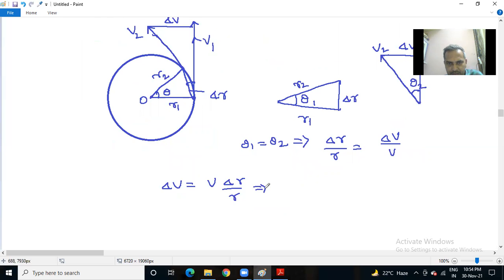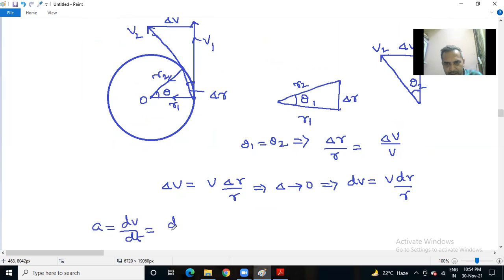Suppose delta tends to 0, so this can be replaced with dV is equal to V into dr by R. Now, since the body possesses centripetal acceleration every time, acceleration is equal to dV by dt.